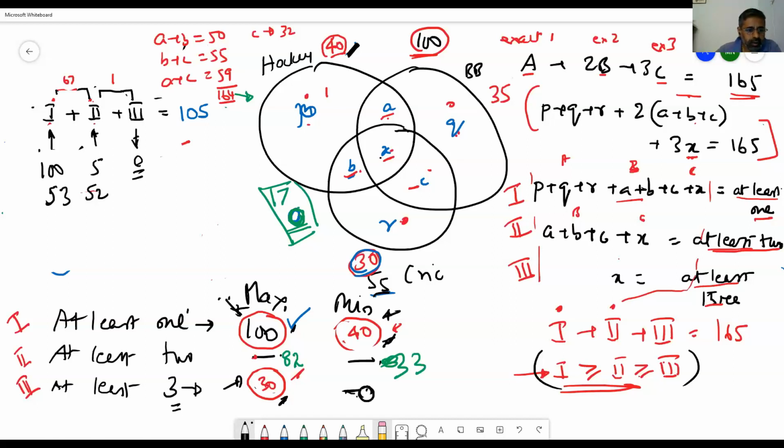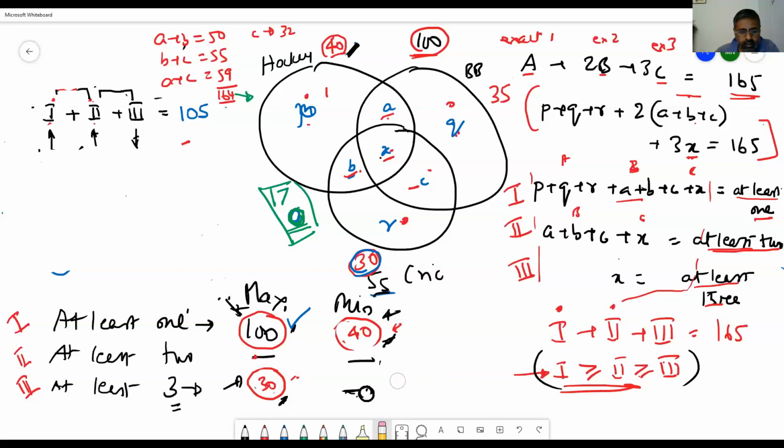Now, what is the maximum value possible for at least 2? Once you get at least 2 and all the things, then you can get your exactly 2 minimum, and exactly 3 minimum also.